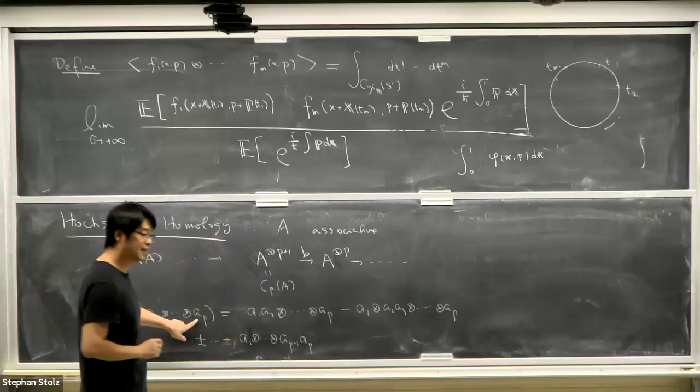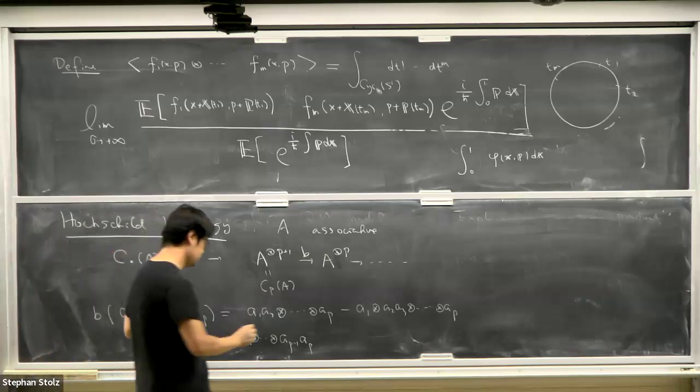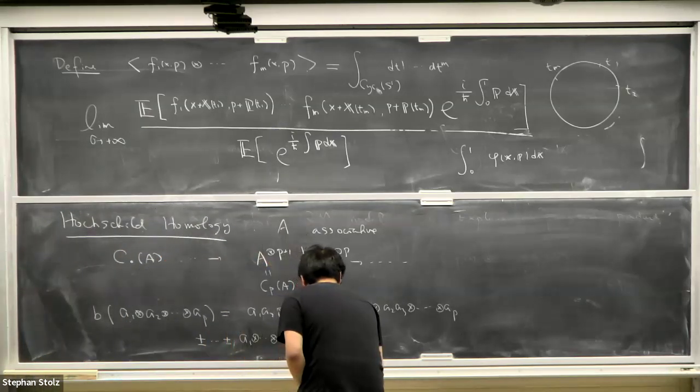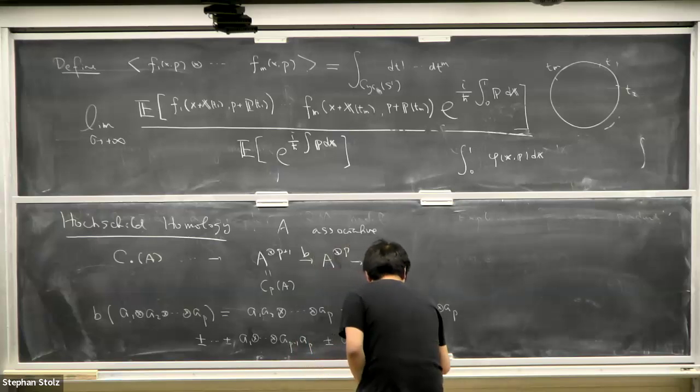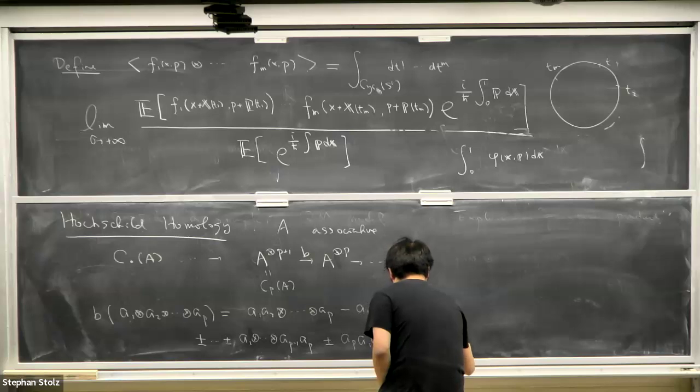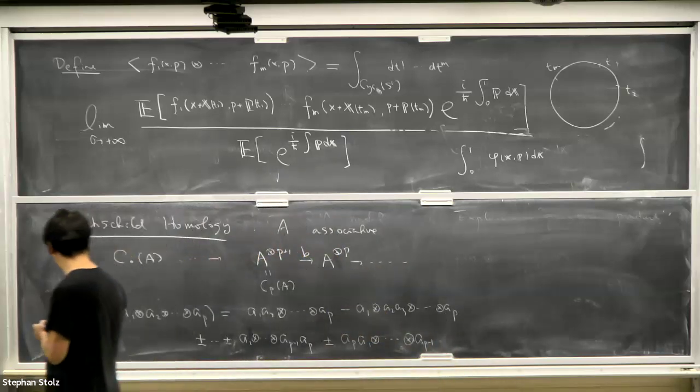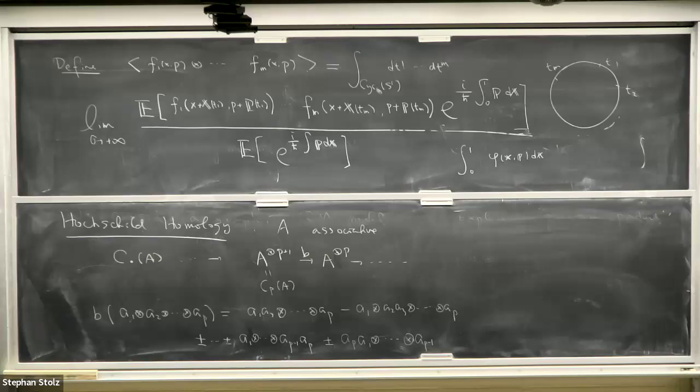And then you multiply the last one to the front, with alternating signs. And then you can show that this squares to 0 and defines the Hochschild homology.